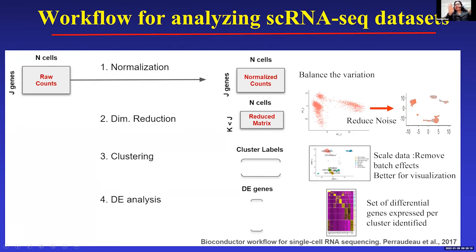Otherwise, you will see the same clusters in a different place on the UMAP, although they will be similar. So it's very necessary to scale the data to remove batch effects.